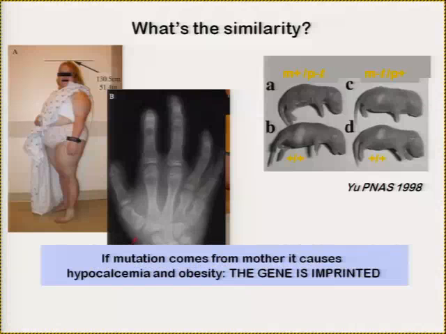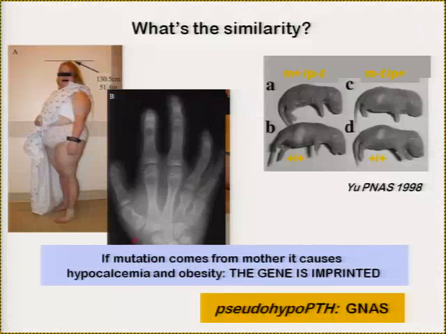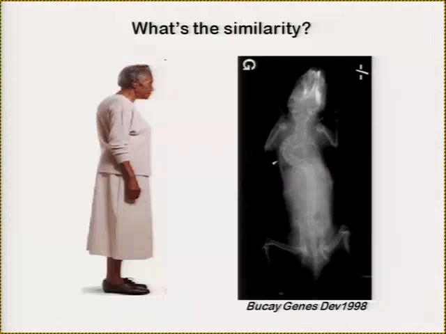The similarity between the mouse and the human here is the gene in question is imprinted, and that gene is G sub alpha, the G protein that couples with 7-pass receptors, often called GNAS, and it's the gene that's implicated in pseudohypoparathyroidism. So this is an example of skeletal modeling that's gone awry.